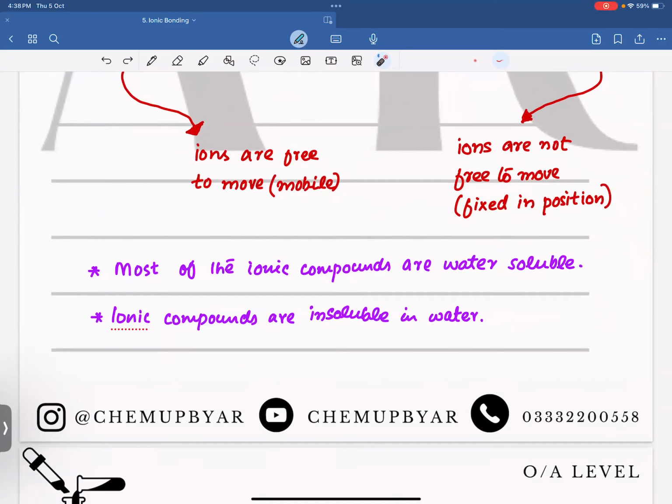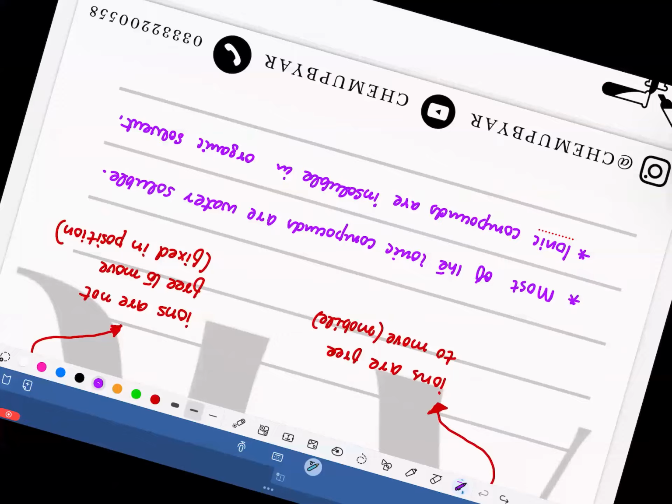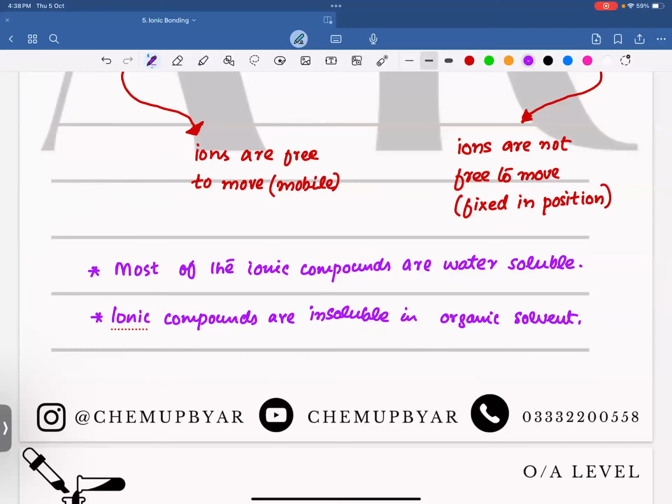Okay. Just do the correction. I have written wrong. It is in organic solvents. In water, most of the ionic compounds are water soluble, and there are only a few which are water insoluble. But in organic solvents, ionic compounds are insoluble, like alcohol or petrol, which can be used as an organic solvent.